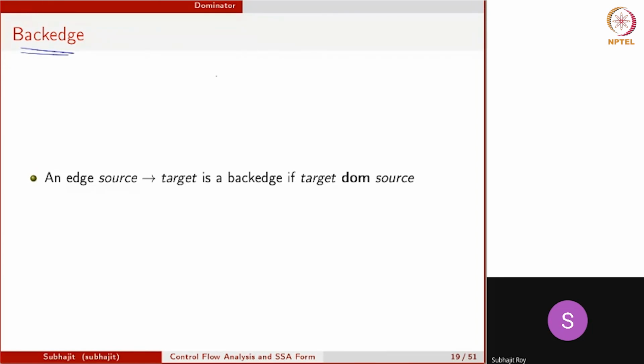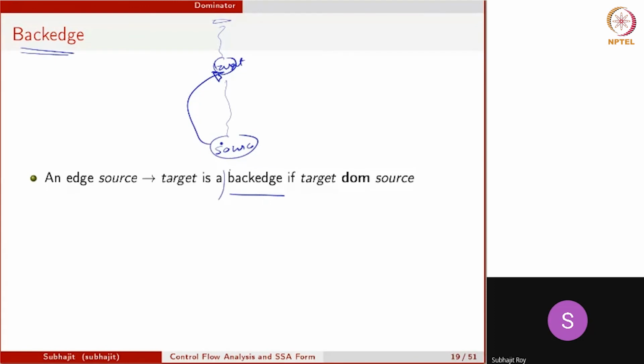If you have your control flow graph, and there is an edge going from a source to a target, then I say that this is a package if my target dominates my source. That is, from the entry, there is no way to come to my source without going through the target. If that happens, then I call this a package.